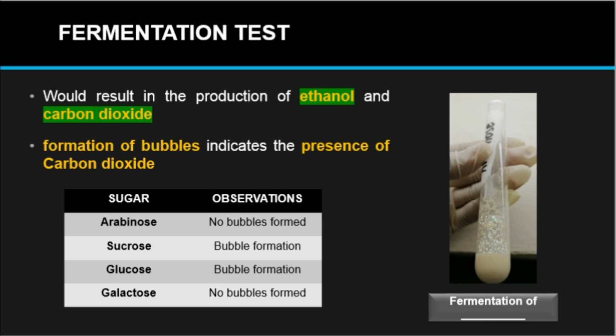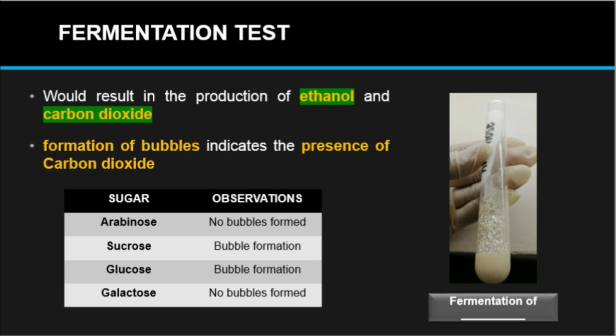And galactose, on the other hand, no bubbles were formed. Yeast does not have the enzyme that breaks it. Galactose metabolism needs the GALK, GALT, and GALE enzymes: the GALK, which is the galactokinase, GALT, the galactose-1-phosphate uridyltransferase, and the UDP-galactose epimerase.